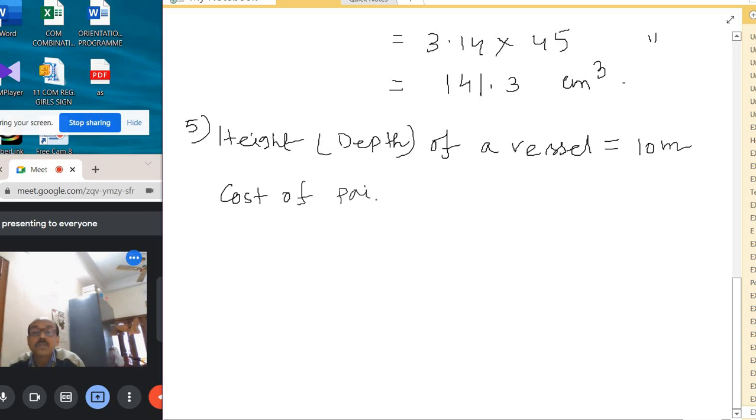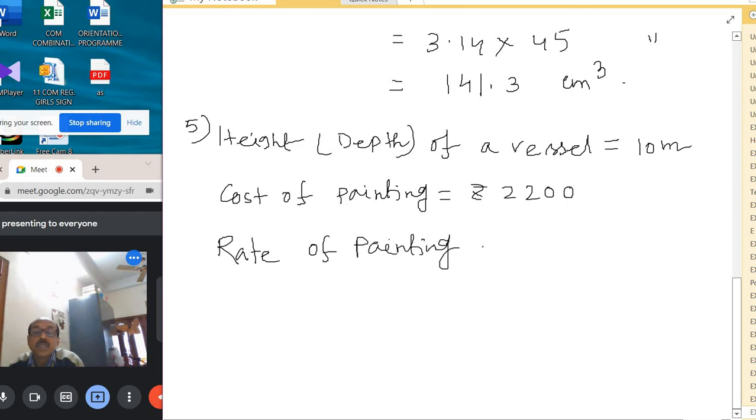Total cost of painting is equal to rupees 2200, and the rate of painting is rupees 20 per meter square.